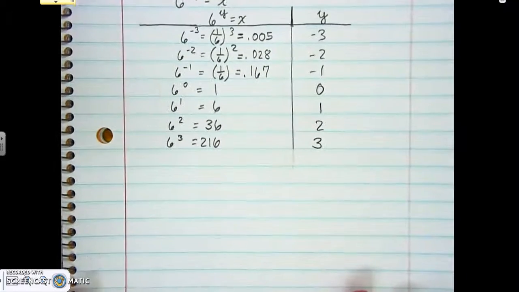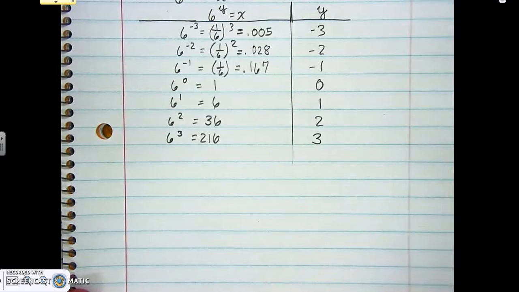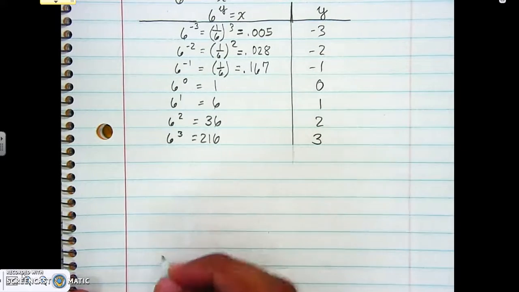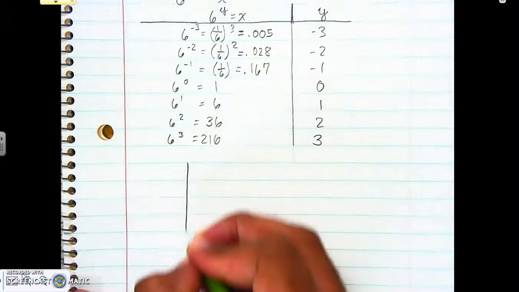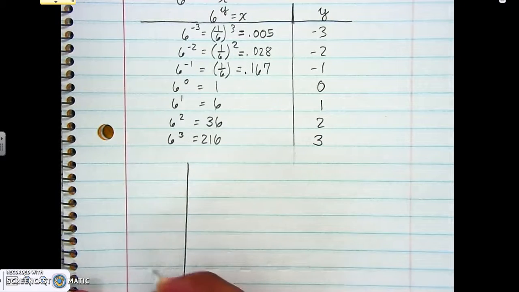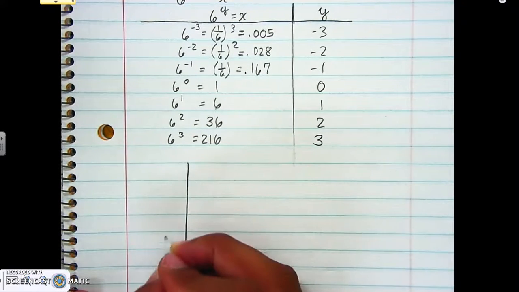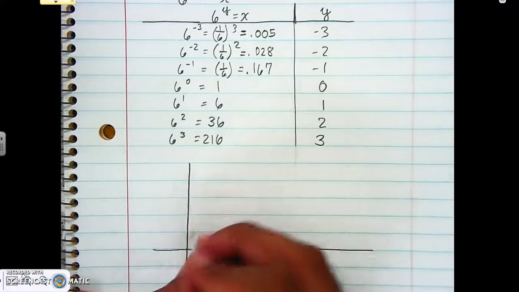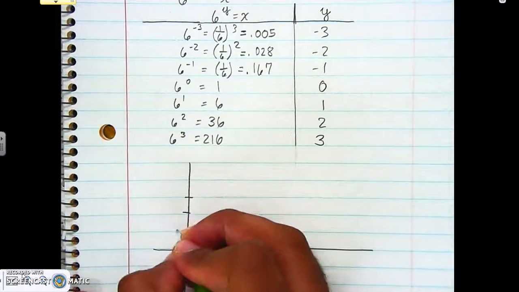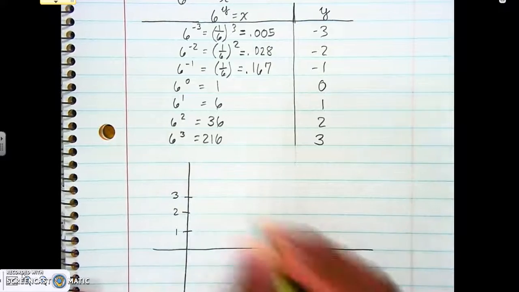Okay, so now let's go ahead and graph it out. There we go. Let's do it about right here. So we have 1, 2, 3.